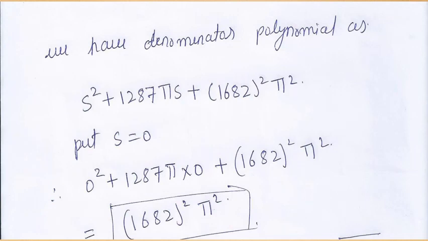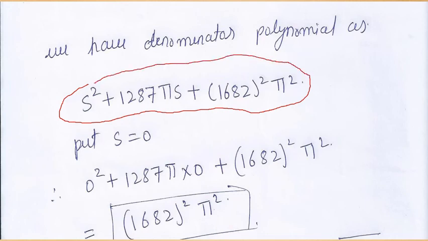We have the denominator polynomial as s square plus 1287 pi s plus 1682 square into pi square.